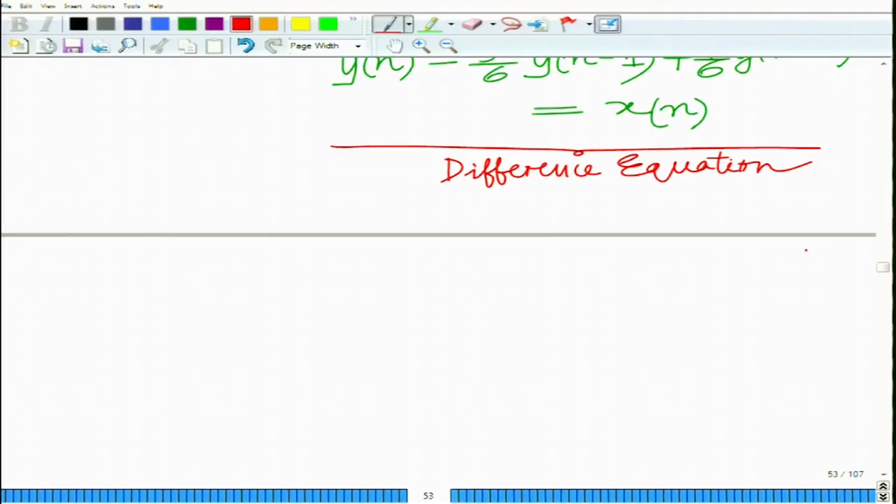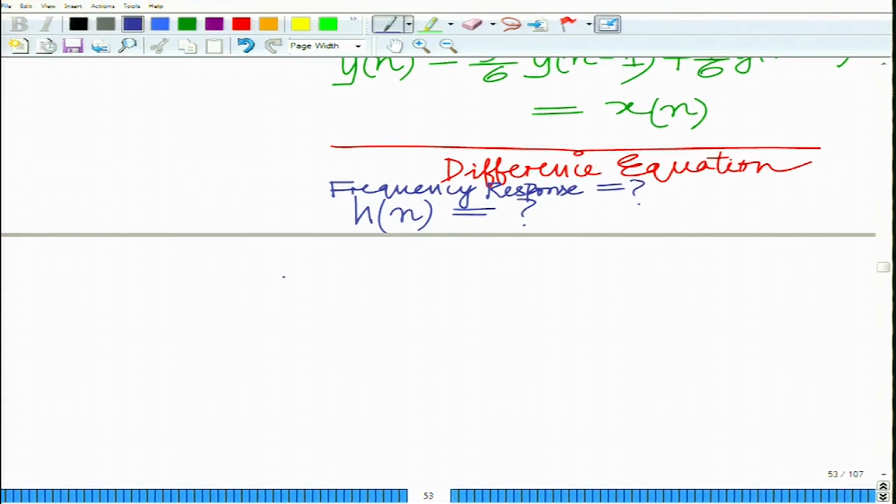Now, what we want to find for this system is, first, the frequency response, and then the impulse response.